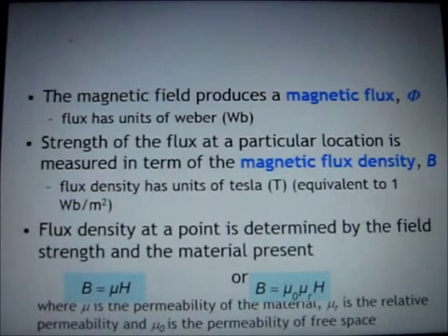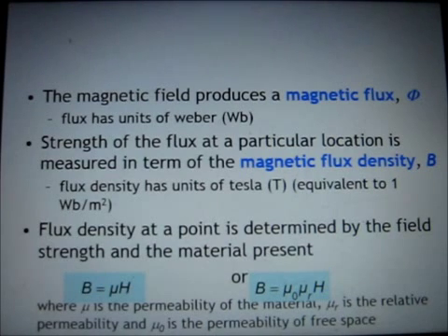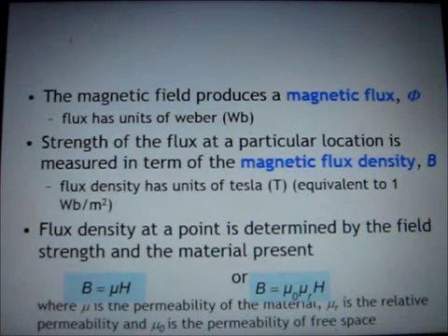These are some simple questions regarding electromagnetism, self-inductance, mutual inductance, and calculating magnetic flux, magnetic field intensity, and so on. The magnetic field produces a magnetic flux. This is a very common thing. It has the unit of Weber. The strength of the flux at a particular position is measured in terms of magnetic flux density, B. This is a very important term. You should remember magnetic flux density, B. It has units of Tesla, which means 1 Weber per meter square.